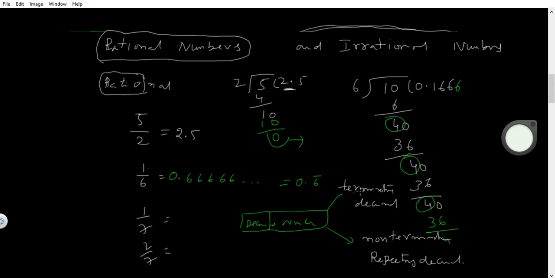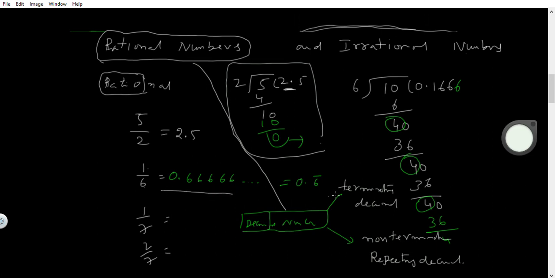That means a rational number can be expressed as a decimal, but there are two types. Terminating decimals like 5 by 2, that is expressed as 2.5, and non-terminating decimals like 1 by 6, which you can express as 0.666 and so on.